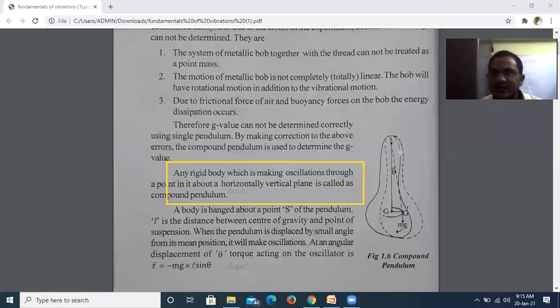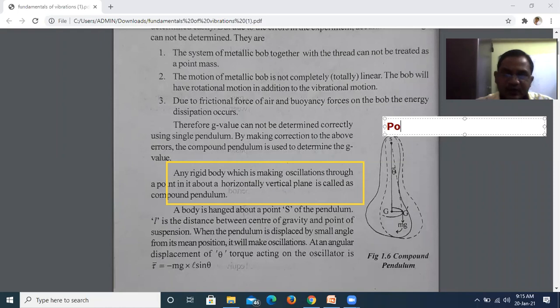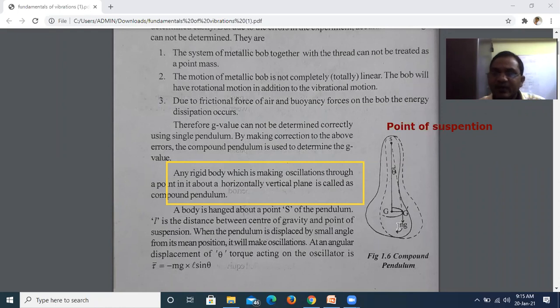So ikkada meer observe cheyandi figure ni. Ee figure lo S anedi point of suspension. Okay, so what is S, sir? Here S is nothing but point of suspension. I'm writing here point of suspension. So from there we are suspending that heavy body.